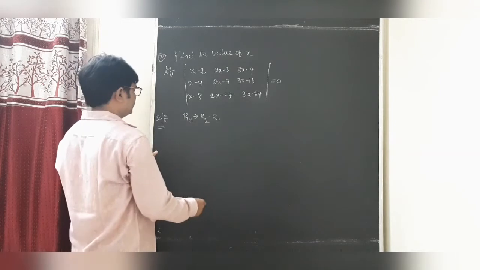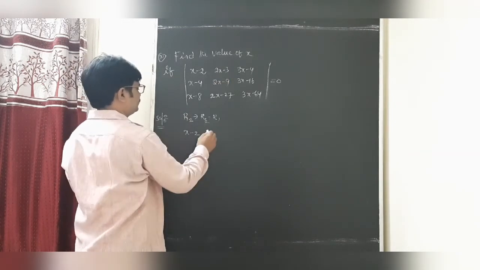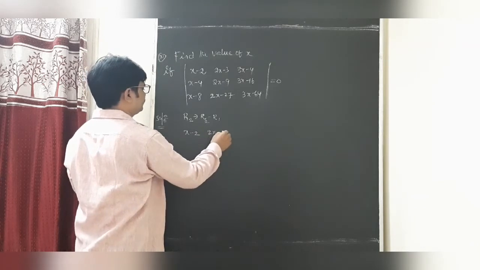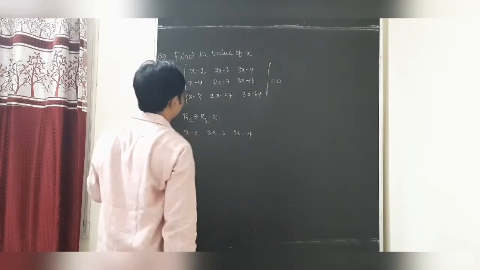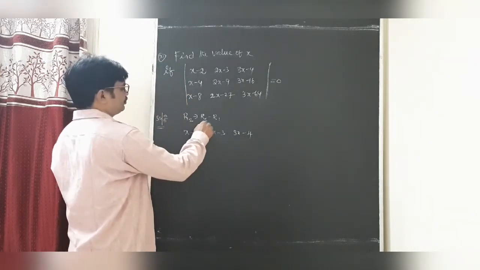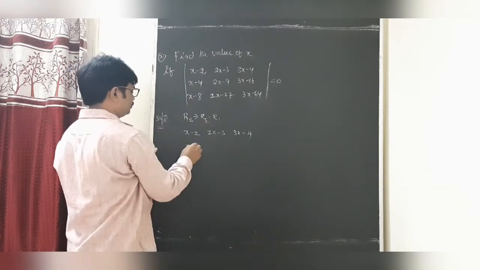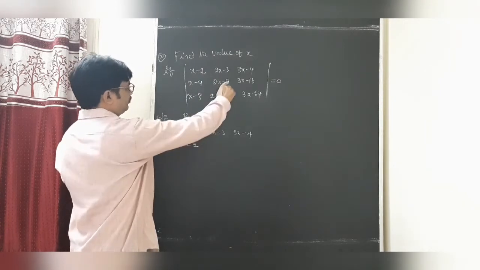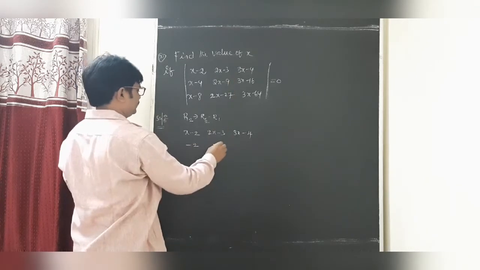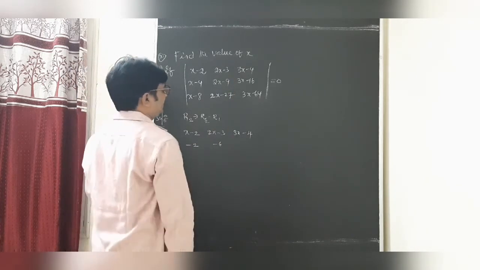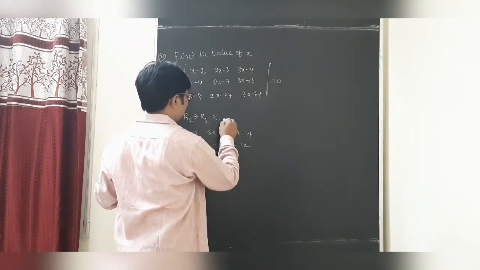So x minus 2 is there, 2x minus 3, and 3x minus 4. R2 is replaced by R2 minus R1: x cancels, minus 4 plus 2 is minus 2. Minus 9 minus of minus 3 is minus 6. Minus 16 plus 4 is minus 12.